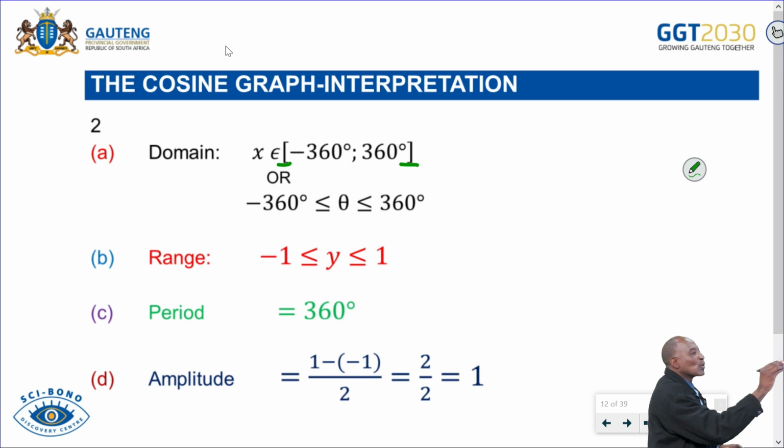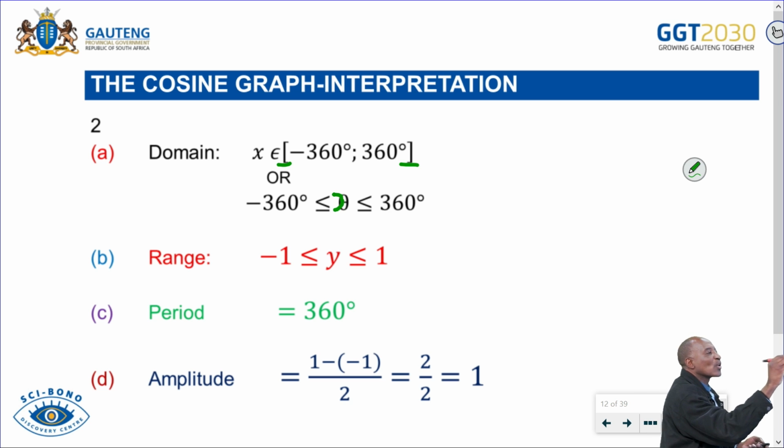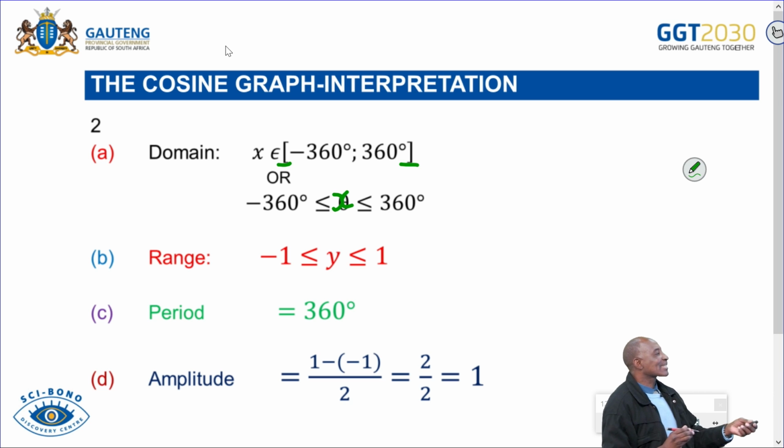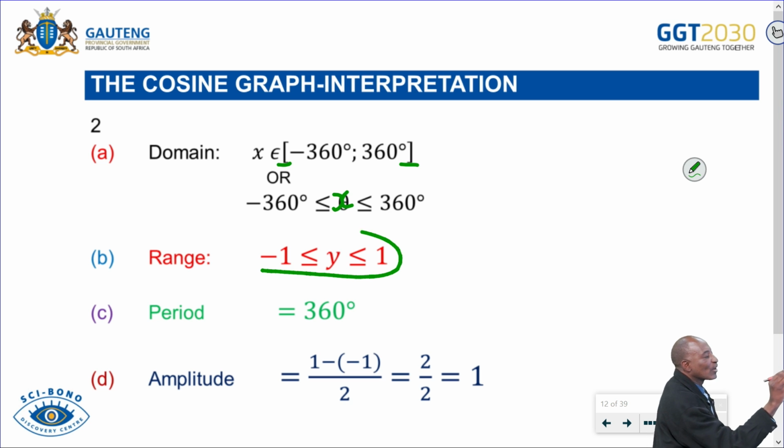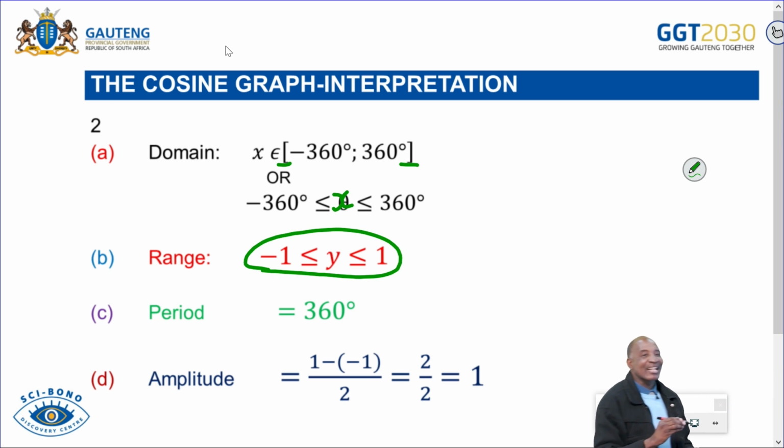Or you use the other notation, in this case -360 degrees is less or equals to x, which is less or equals to 360 degrees. Otherwise, your range, we've already seen it, is -1 to 1 inclusively, both ends included.